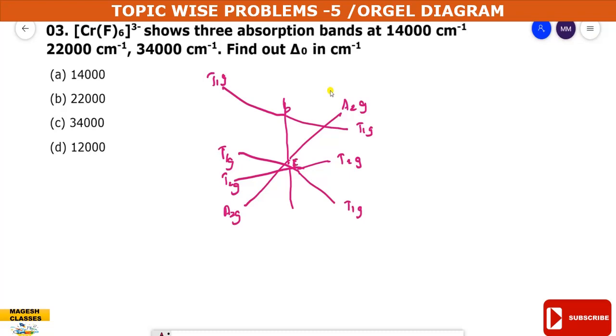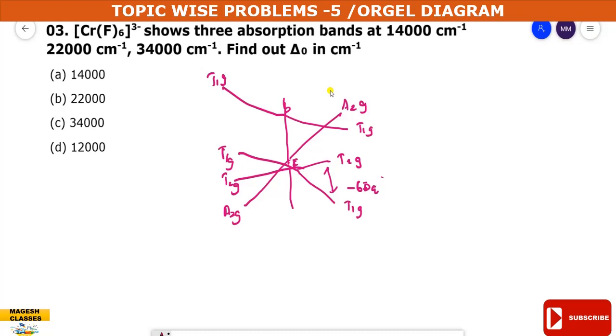Okay. Now the splitting is given by the 10 DQ value. This difference, it is lowered. The barycenter is lower, so it is minus DQ, and it is plus DQ, the T1 and T2.